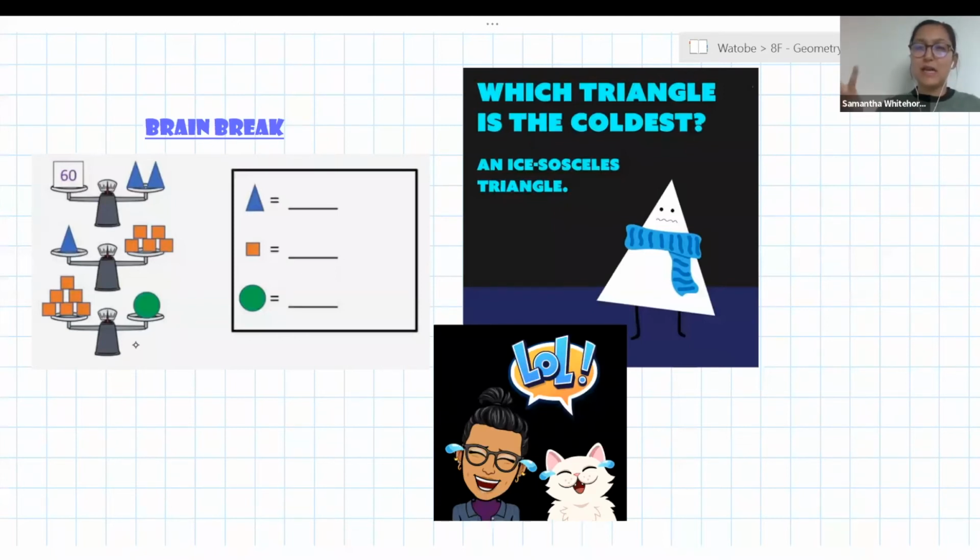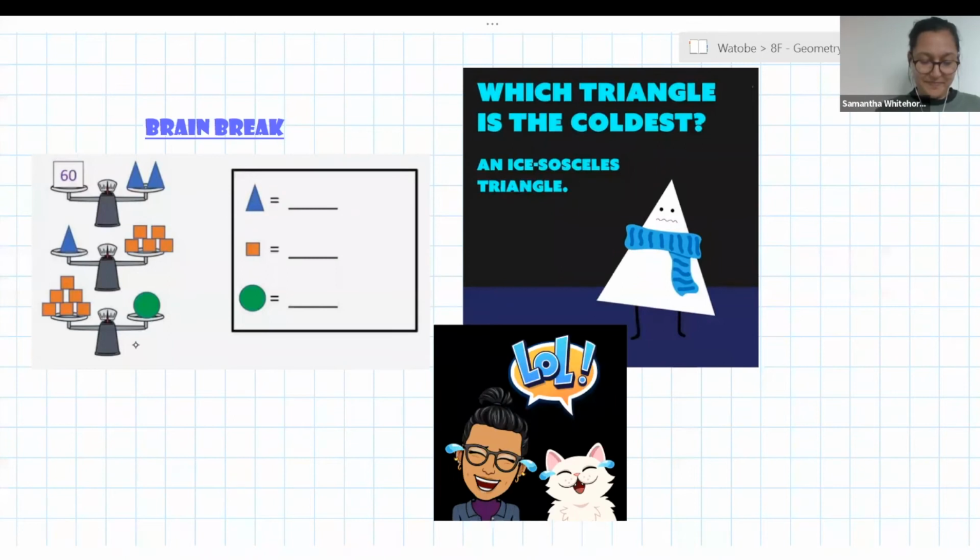So basically, it's saying they must be of the same value. So what is your triangle, your square, and your circle? I'll give everyone a second, obviously, but if you'd like to raise your hand and share with us how you got your answers, that would be awesome. Otherwise, if you're not doing the brain break, make sure you're stretching, getting ready for our next couple.